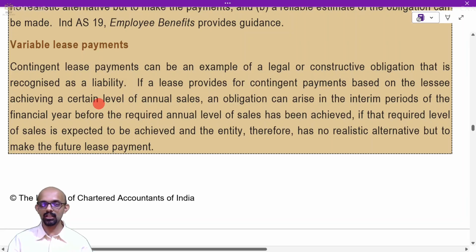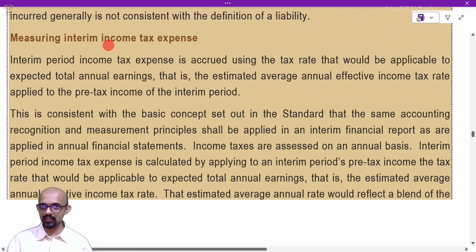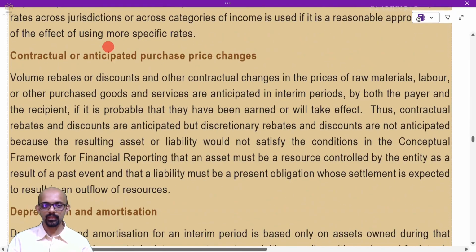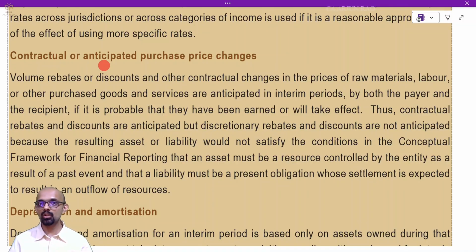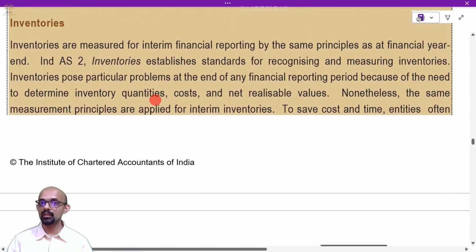So, you will think at the end of each interim period whether that level of sales will be attained. Then income tax expense, which we have seen in detail. Then purchase price changes, where after reaching a particular threshold you are given a lower rate. So, if you feel annual purchases from a supplier are going to exceed that threshold, you take that into consideration while determining the price.